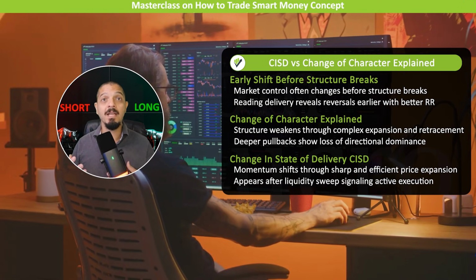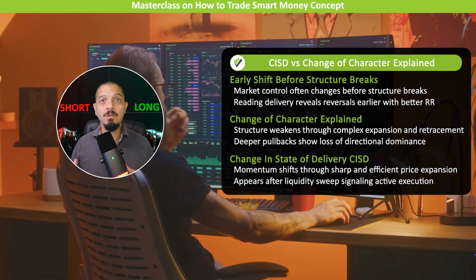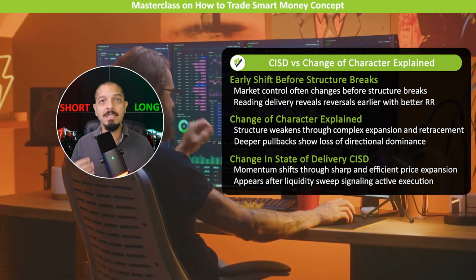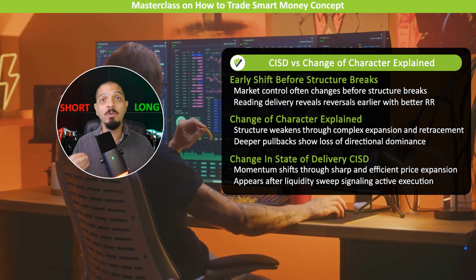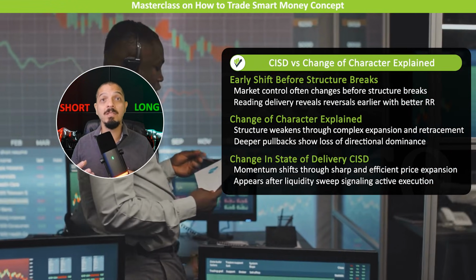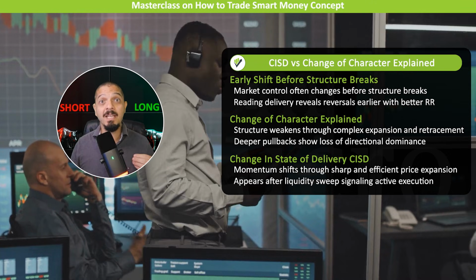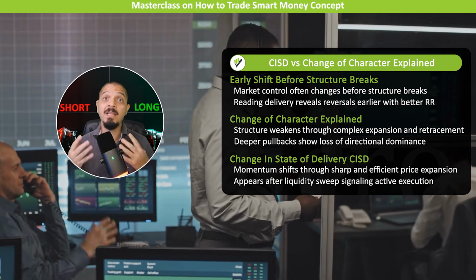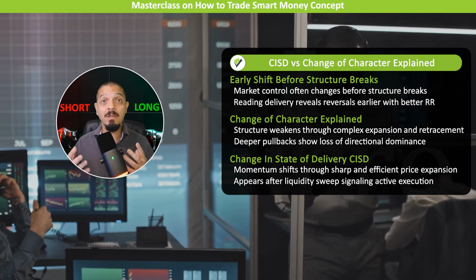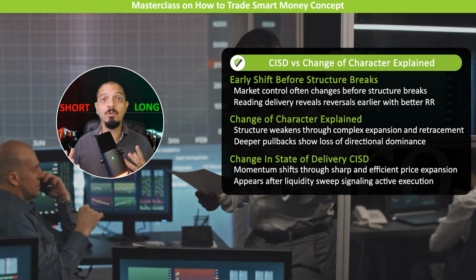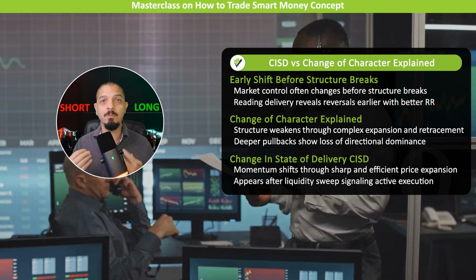We also explain how liquidity sweeps, fair value gaps, and momentum shifts fit into this process, and why understanding price delivery is essential to identifying high-quality reversal setups. These concepts create a clear decision-making framework that helps you improve timing, refine entries, and achieve better risk-to-reward conditions while trading in harmony with liquidity and market structure.